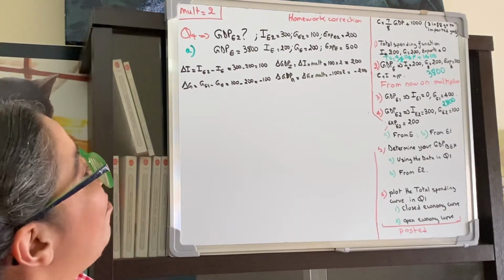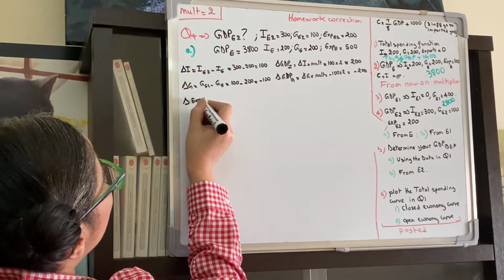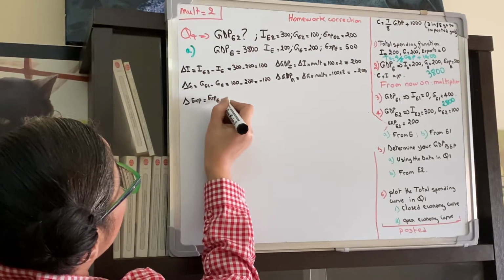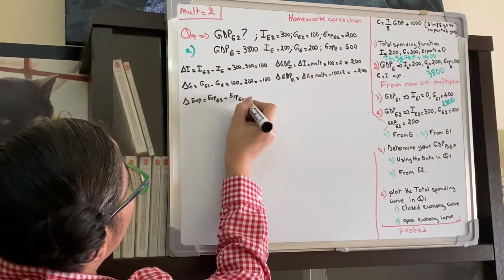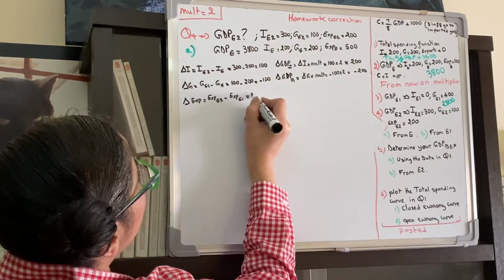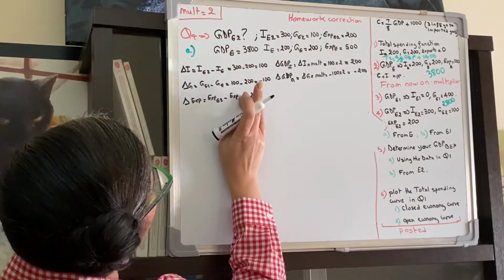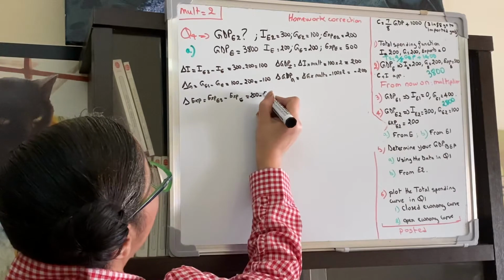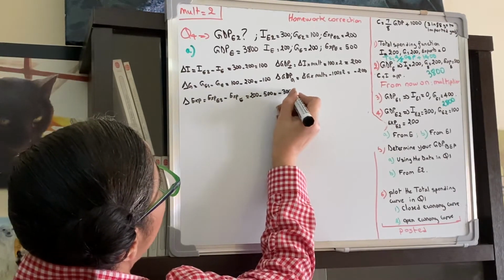Now I'm going to move to exports. So delta exports is equal to exports E2 minus exports E1, which is equal to exports E2, 200, minus E1, which is 500, which is going to give me negative 300.